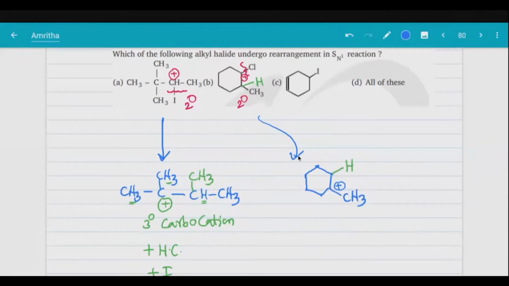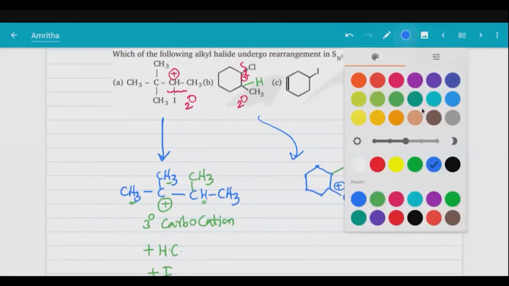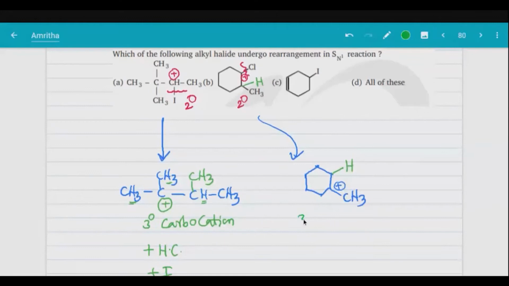See, secondary to tertiary. Yes, it is possible. It is stable. Again, it is stabilized by hyperconjugation and by inductive effect. Okay, there is no resonance here. Okay, option C.